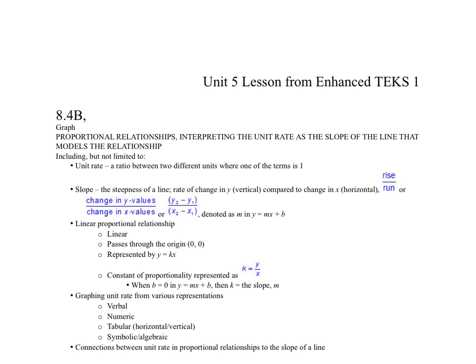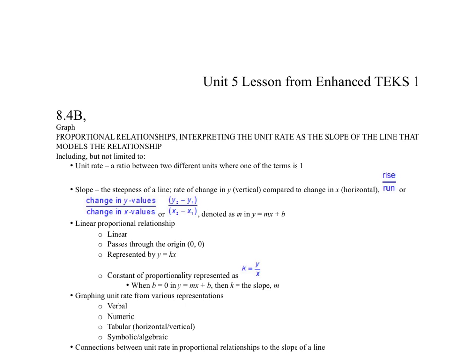We've already looked at slope. We've looked at how to find it using rise over run, and using the slope formula. Now we just want to go a little bit further and compare and distinguish between a unit rate, slope, and the linear proportional relationship between the two.